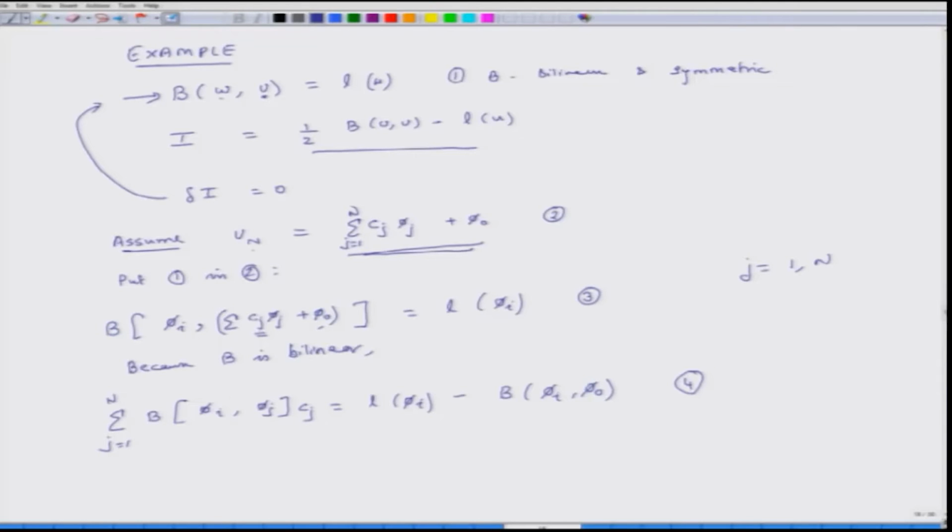If I put phi I equal to phi 1, I will get one equation, phi I equal to phi 2, I will get a second equation, and all these Cj's are unknowns. So I will get n equations involving Cj's, which are n unknowns.